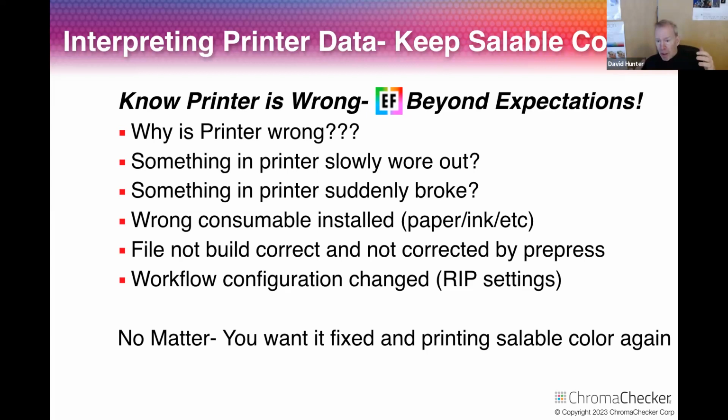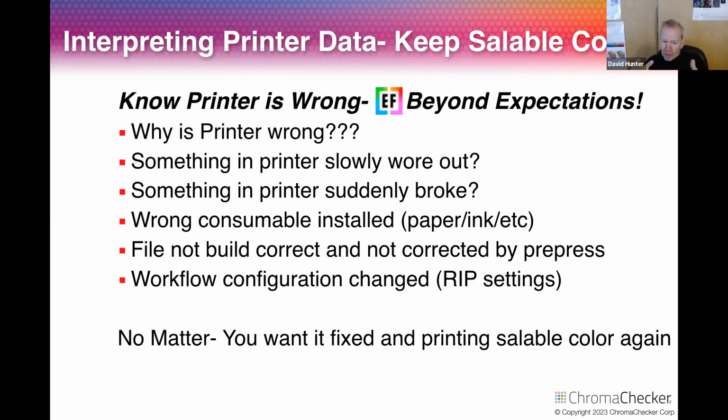In addition, someone might have changed the RIP configuration. So they took off the input profile being Grackle, telling the printer how the printer is supposed to print. Someone might have turned it off or changed it to another reference, which causes the printer to print wrong. So it's very challenging for an operator to understand why it's wrong.